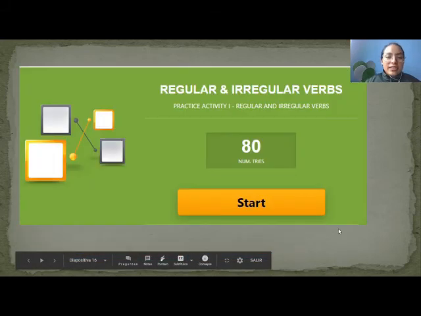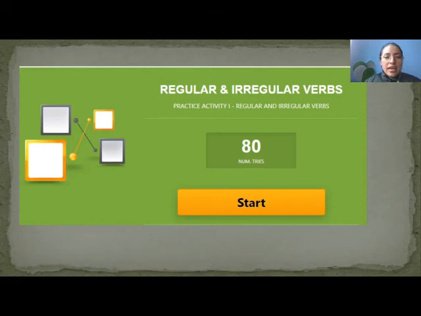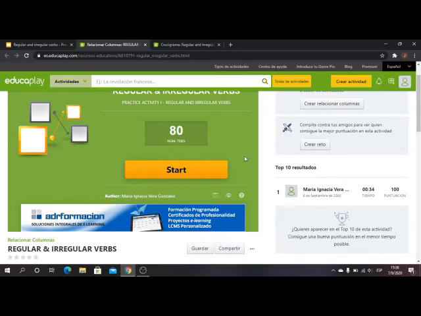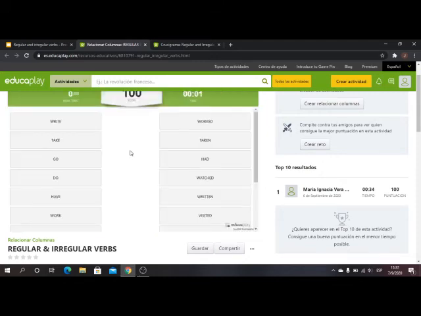Now let's practice more. We are going to play a game, okay? Please pay attention. In this game, we have to join the verb in present and then you have to join with the verb in past participle, okay? Let's start, please.